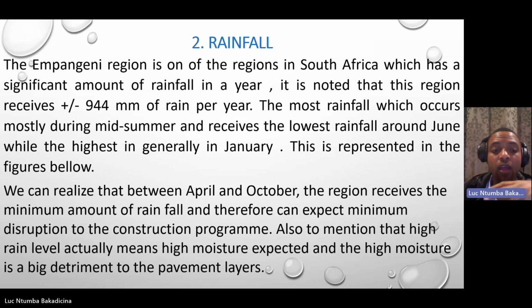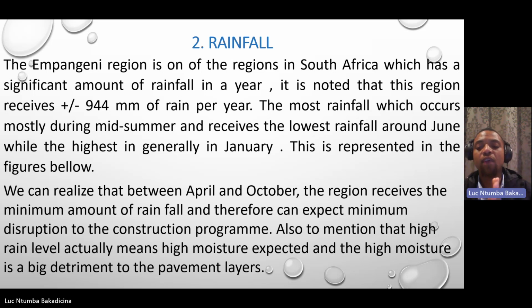We can see the highest is in January, during summer. Between April and October, the region receives a minimum amount of rain, that is, from autumn through winter to the beginning of summer.